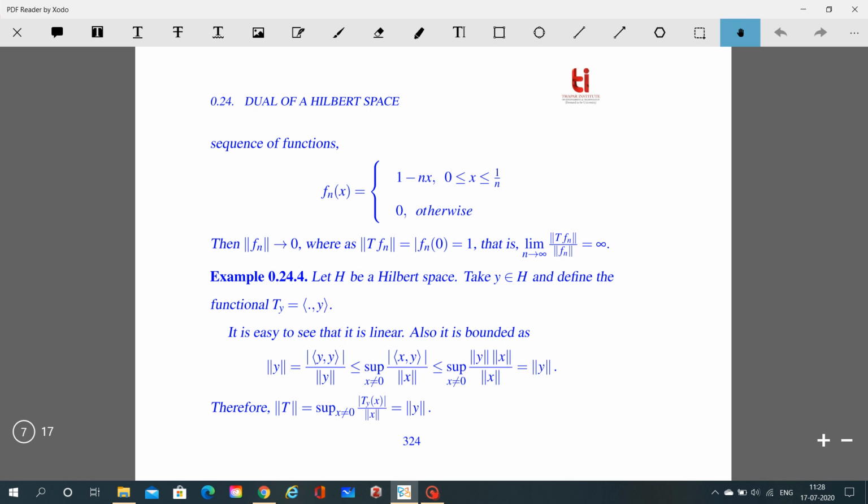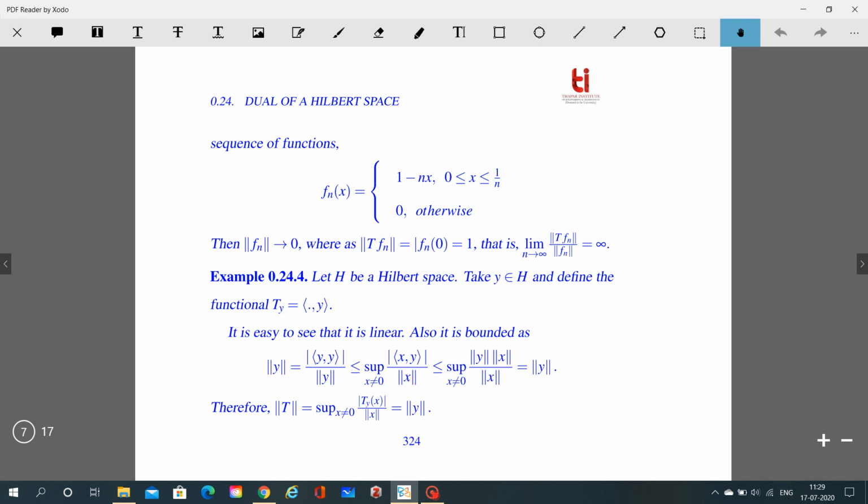And further, the next example. Let H be a Hilbert space, and we take y belonging to H, and we define a functional T_y as the inner product of an arbitrary element x comma y. It is easy to see that this functional T_y is linear, and also it is bounded.